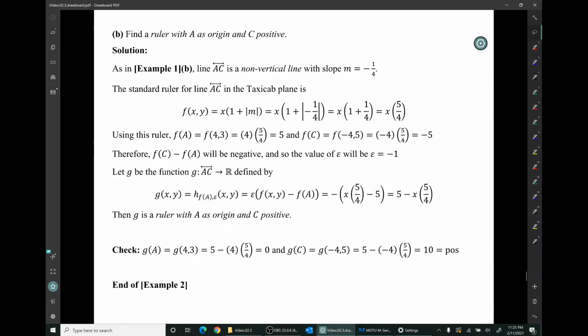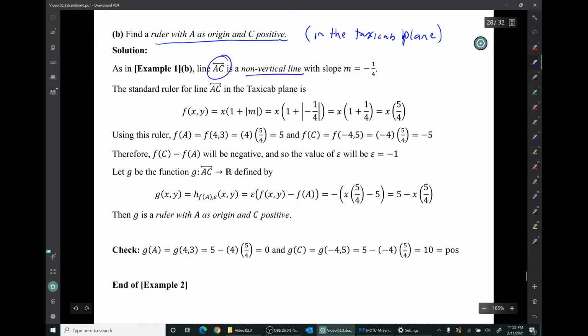Example 2 part B. Find a ruler with A as origin and C positive. This is in the taxicab plane. Just as in example 1b, line AC is a non-vertical line with slope m equals -1/4. Now remember that the taxicab plane has the same underlying incidence geometry as the Euclidean plane.